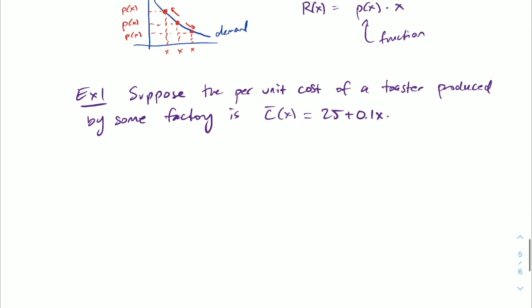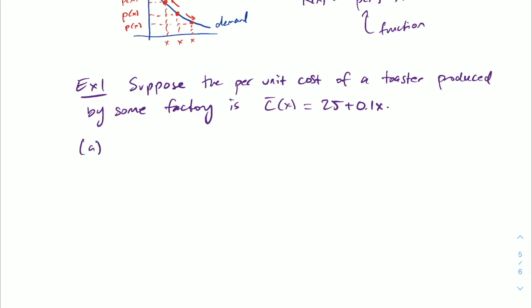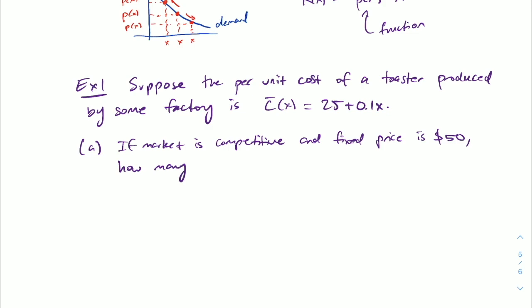All right, and let's think of two scenarios. So A, if the market is competitive, and the fixed price, the market equilibrium price, is $50, how many toasters should the factory make to maximize their profit?